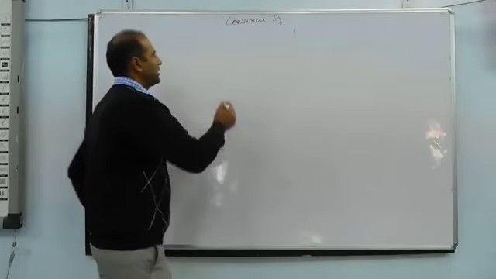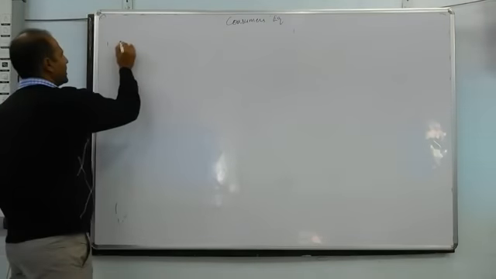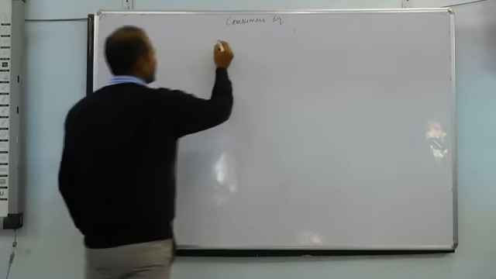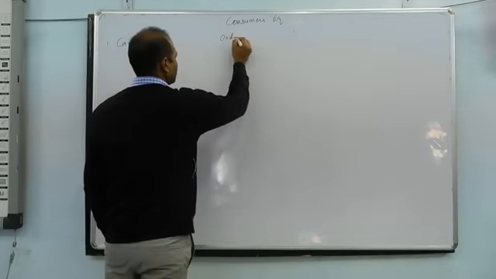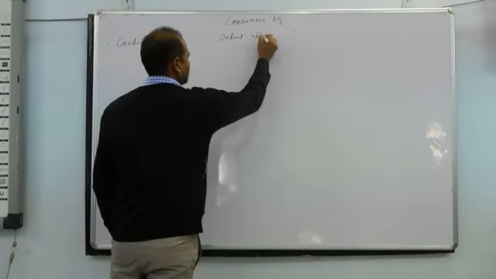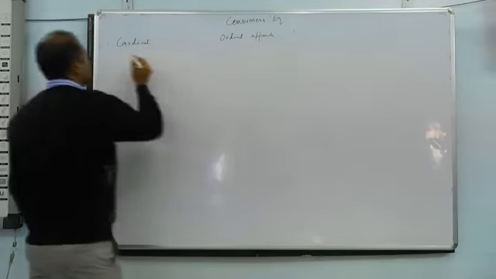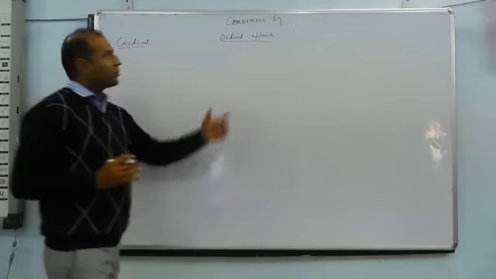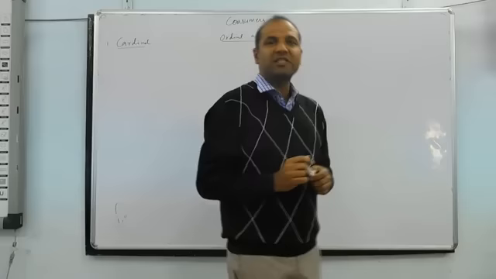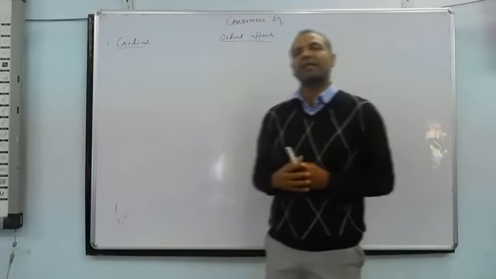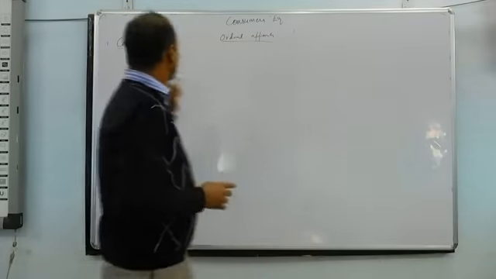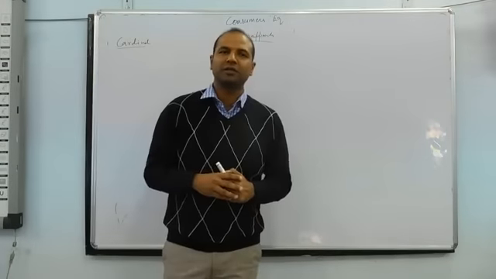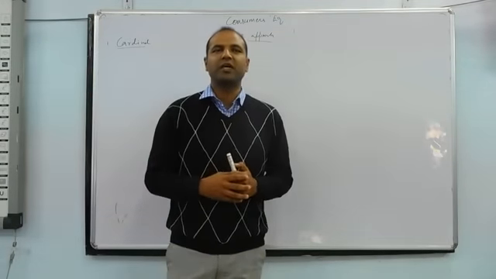The first one is the cardinal approach, and the second one is the ordinal approach. This ordinal approach is also known as indifference curve theory or Hicksian analysis. In the cardinal approach, we assume that utility can be measured in terms of numbers.